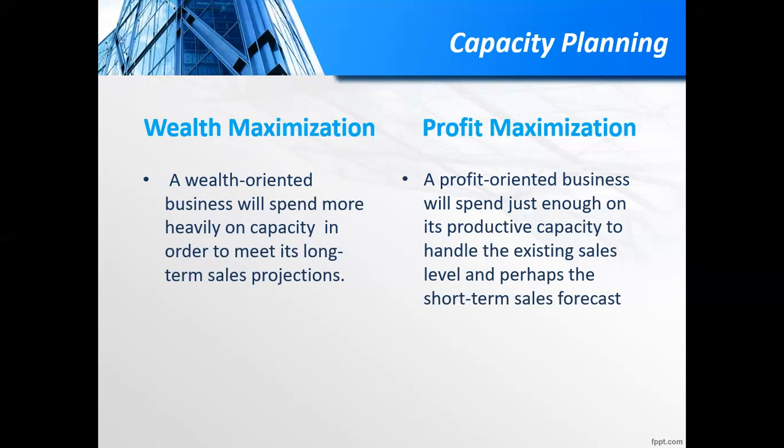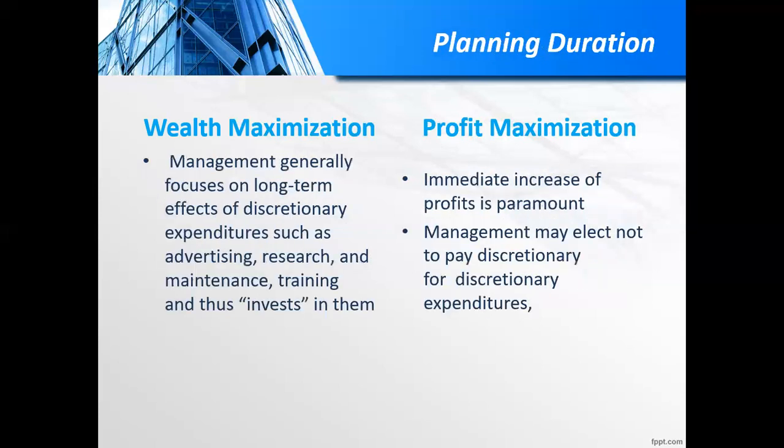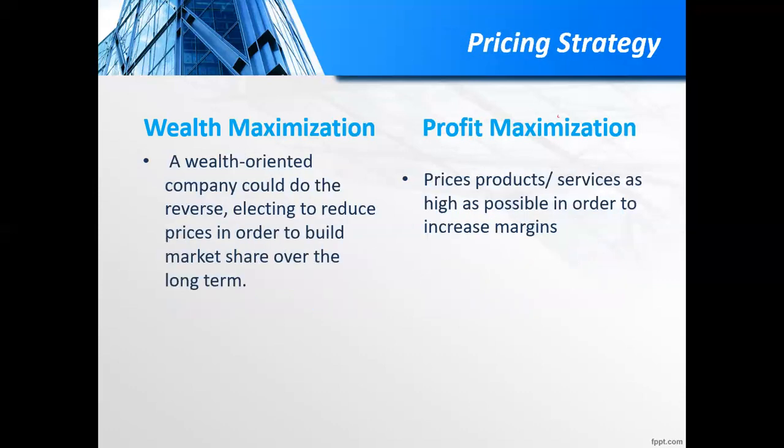So, investment in equipment, machinery, and research and development. The company is willing to invest in these things, knowing that the focus is on the long term. Okay? So we were able to see four differences in terms of planning duration, risk management, pricing strategy, and capacity planning.